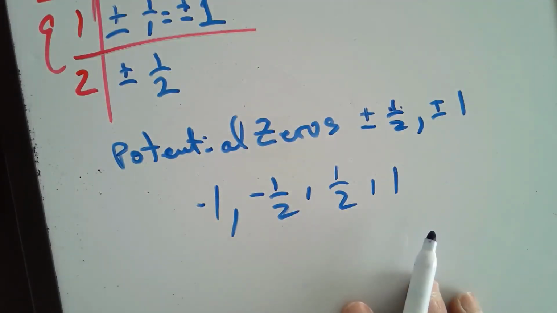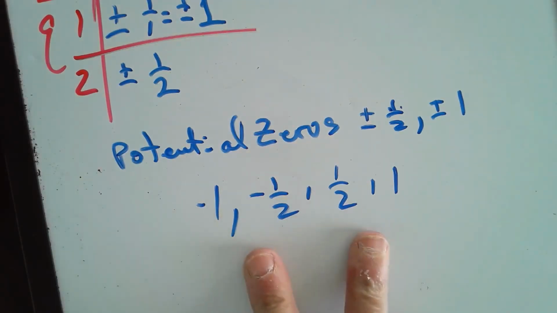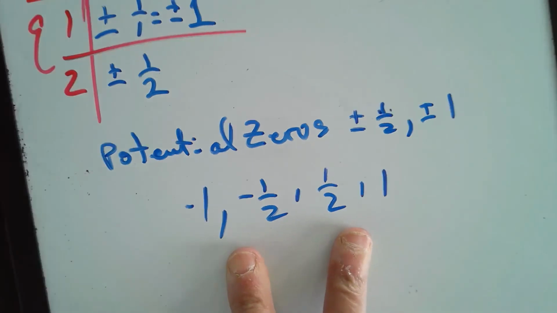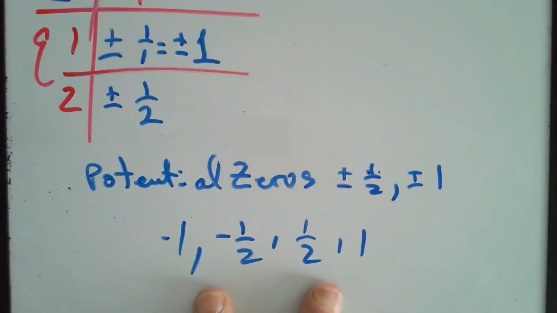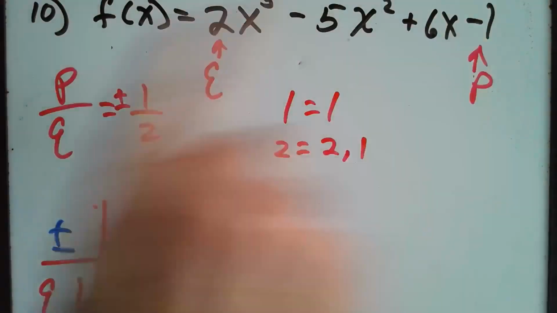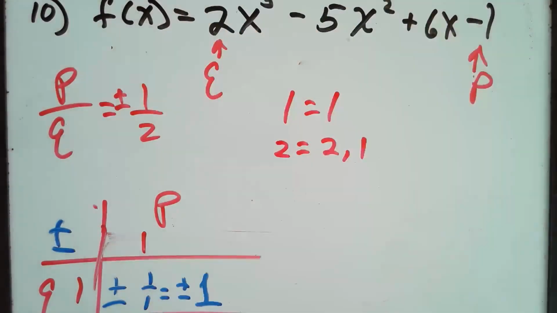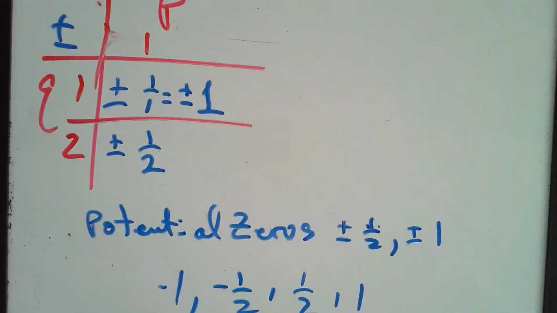Before the TI calculators, you would have to find all potential zeros and then substitute them into the polynomial one at a time to see if you get 0 out, and then you could start using synthetic division.